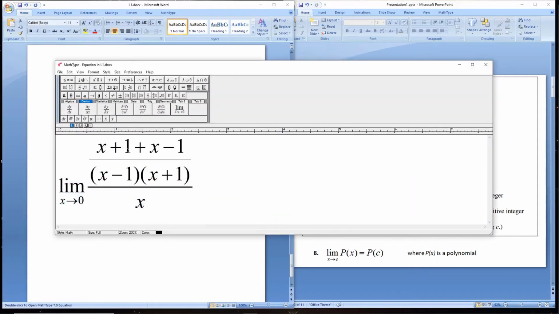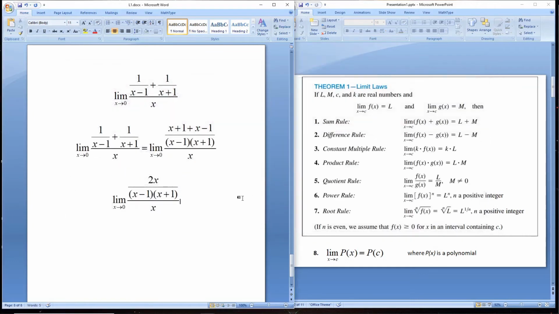In the numerator here, we see we have 1 minus 1, so that subtracts out. And x plus x is 2x. So cleaned it up a little bit. Now we do have a complex fraction here. And if you recall, division is exactly the same as multiplying by the reciprocal.